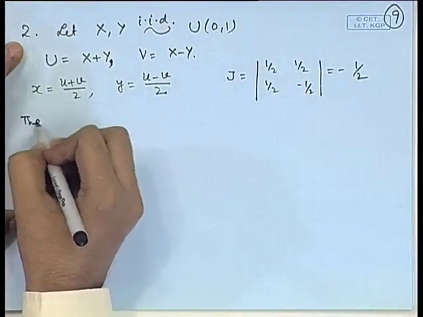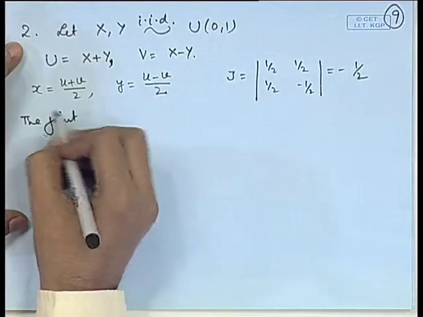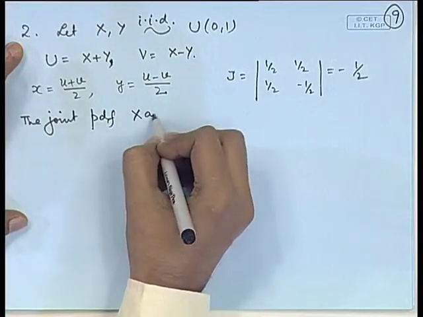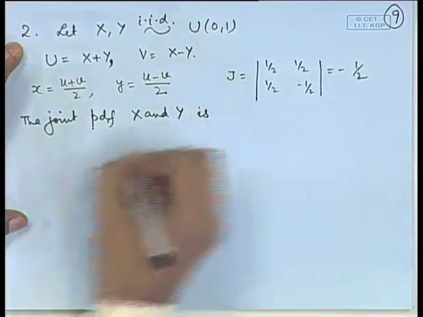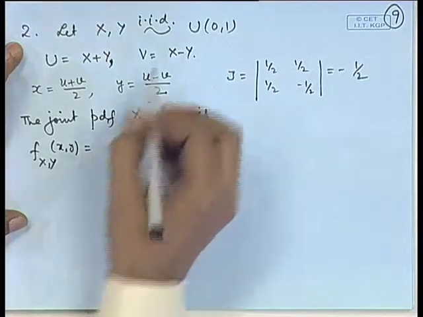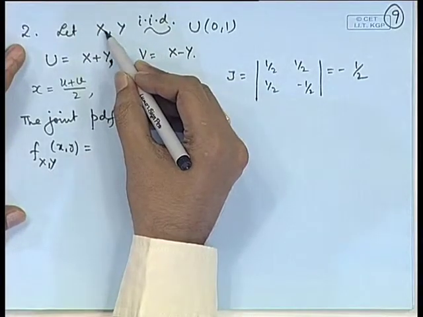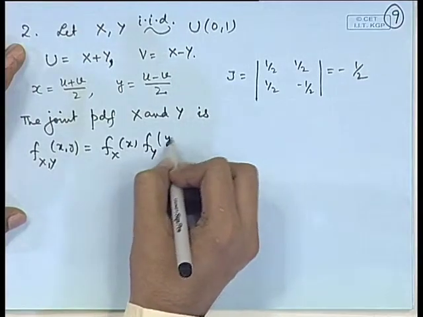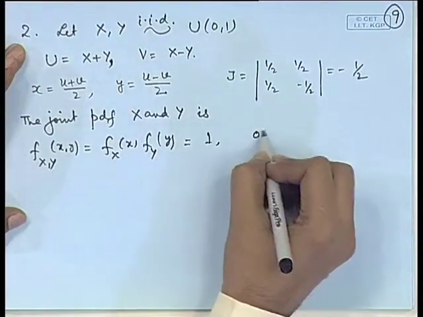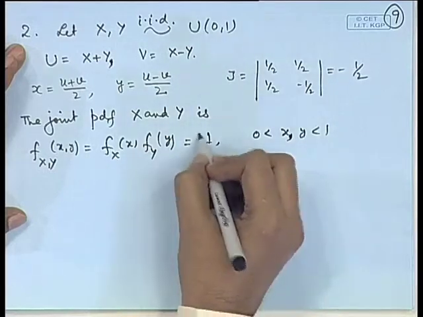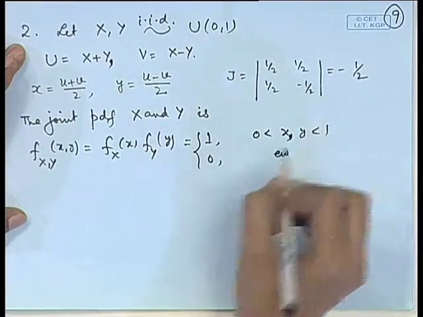So, the joint PDF of, say, x and y, that is f x y, is the product of the individual distributions of x and y, both are uniform 0 1. So, it is simply 1 for 0 less than x, y less than 1 and 0 elsewhere.